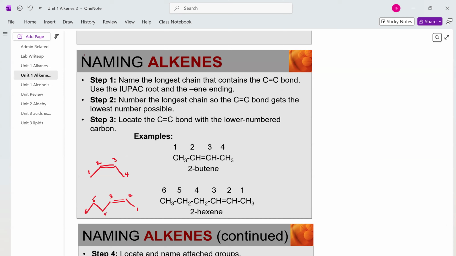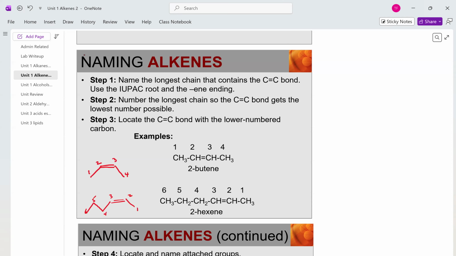So that's going to determine the backbone. Doesn't matter how the backbone looks, it has to contain the functional group. No exceptions. Now, with the alkanes, the functional group was a hydrogen, and it sort of was all over the place. So that's why you had to look at the one that was the longest and all that stuff.